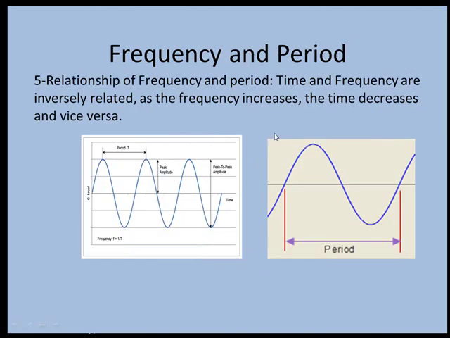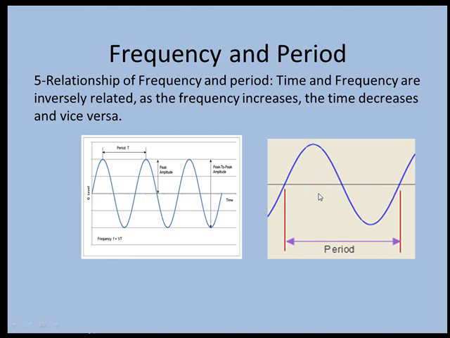Okay. You can compare frequency and period, and notice that time and frequency are inversely related. In other words, as the frequency increases, the time required for a full cycle decreases, right? And so here again, imagine that the period is the same on both signals. So the period from this point to this point is the same as the period from this point to this point.